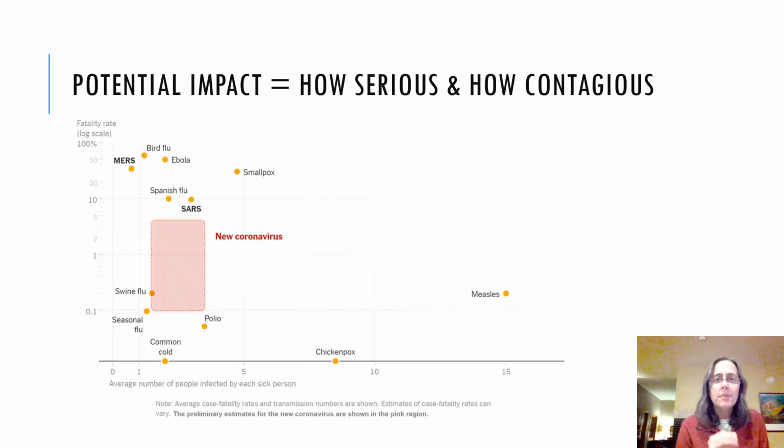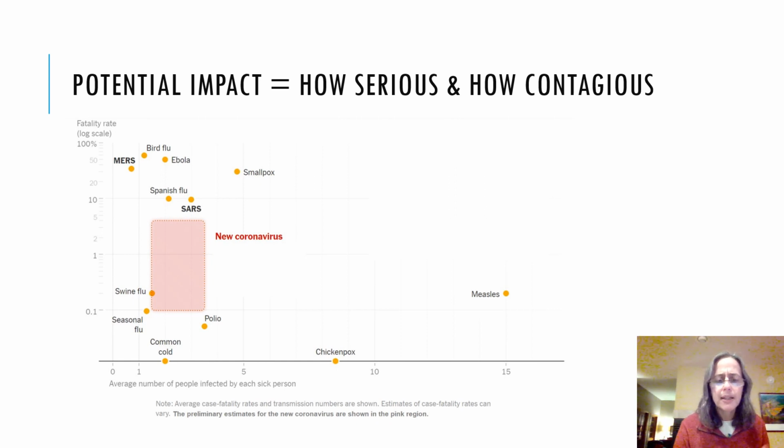So when we think about the potential impact of a communicable disease or an infectious disease, there's two parts to it, right? How serious is the disease going to be, both in terms of the germ itself and those host factors, and then how contagious is it going to be? What's its R naught, its reproduction number, in terms of how contagious a germ is, and then what else is happening in the population that might make it easier or harder to infect lots of people.